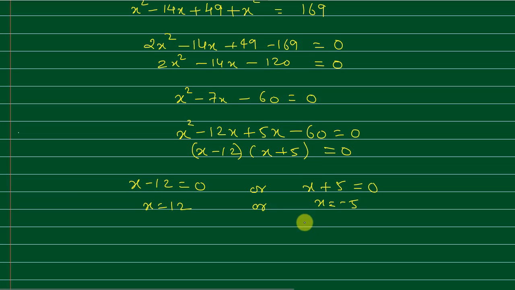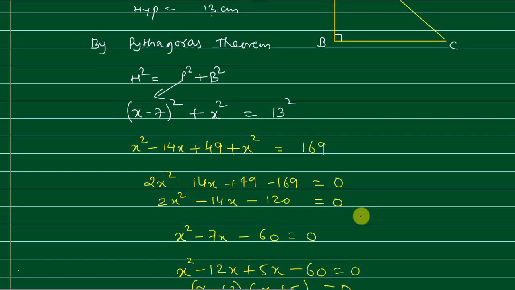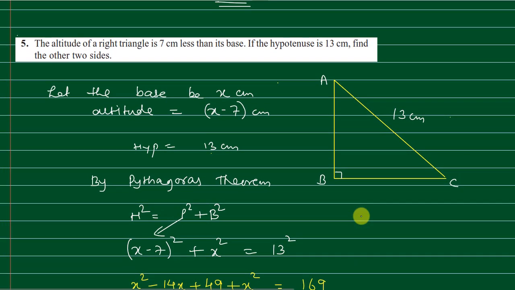So minus 5 and 12 are the solutions of this quadratic equation x square minus 7x minus 60 is equal to 0, but we will not accept this for this practical question, that is side cannot be negative, distance cannot be negative. We have studied displacement can be negative, distance cannot be negative, and it was distance actually. What was x? X was assumed as base, and base is length.